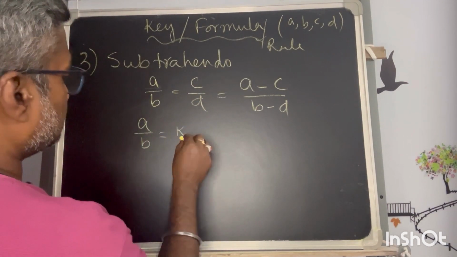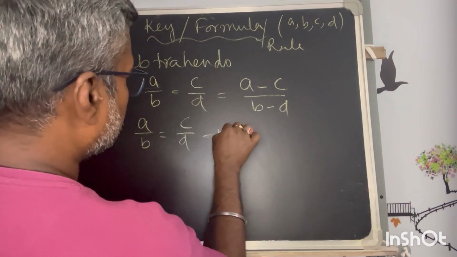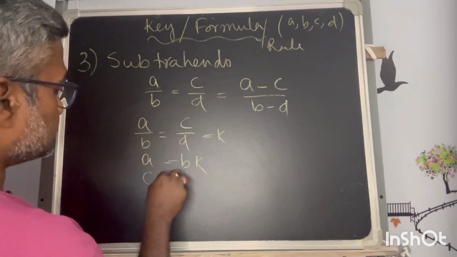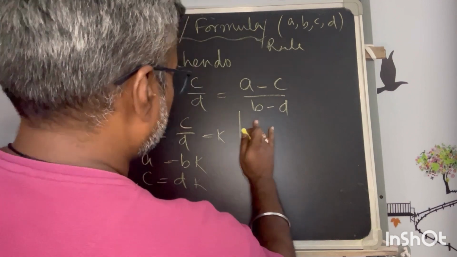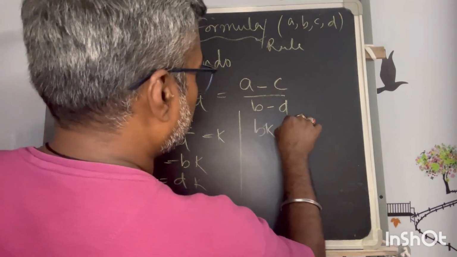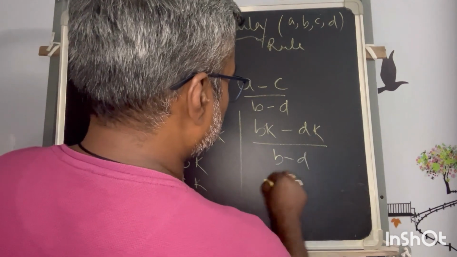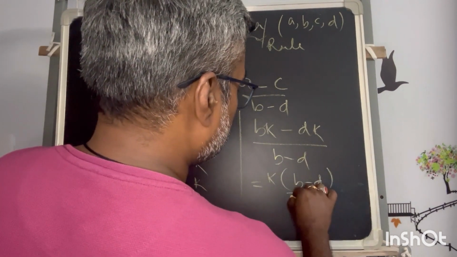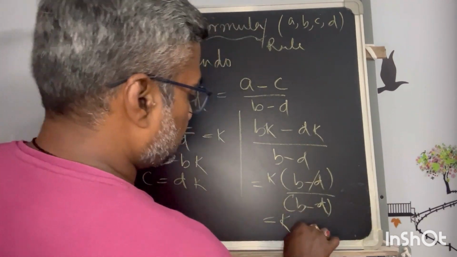corollary. You can say if a by b is equal to c by d is equal to k, so that means a is equal to bk and c is equal to dk. Now if I put this a as bk and c as dk, and this is b minus d, take k common, we will get b minus d, and the bottom is already b minus d, you can cut and you will get k.